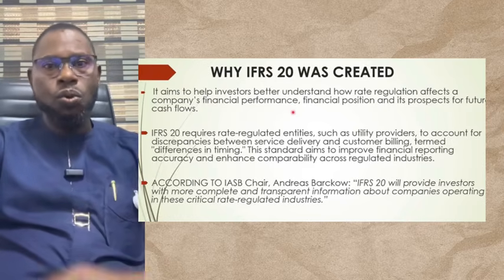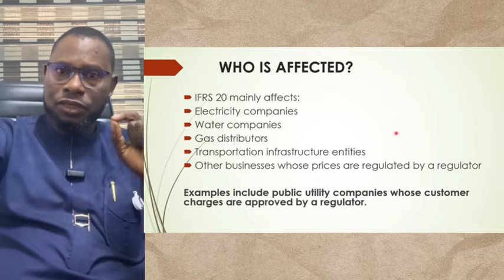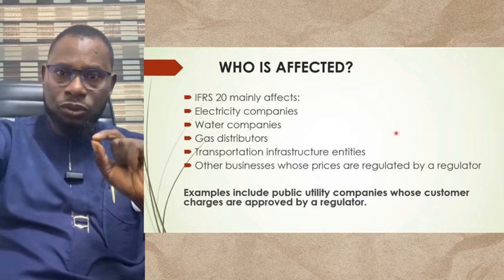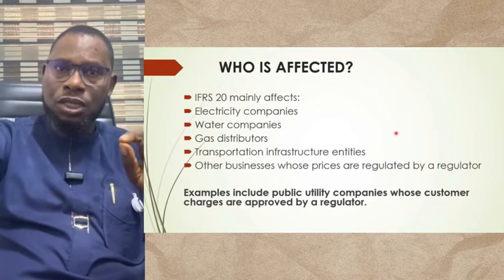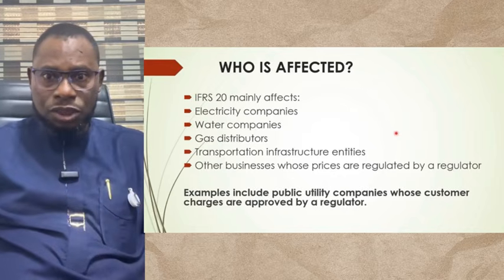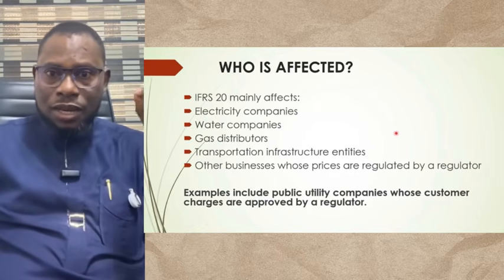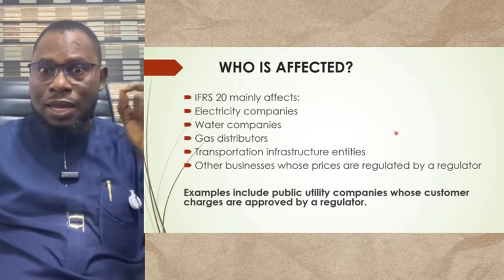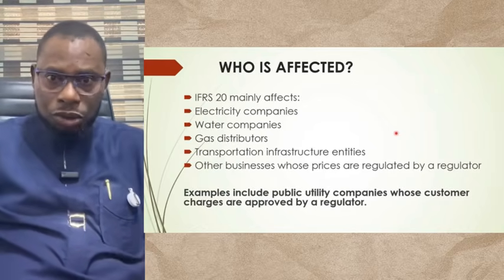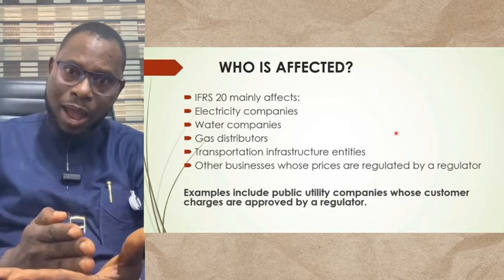Okay, so let's see who is affected. It mainly affects electricity companies, water companies, gas distributors, transportation infrastructure entities, and other businesses whose prices are regulated by a regulator. In Nigeria, for instance, we have the Nigerian Electricity Regulatory Commission, NERC, and the NESI, the Nigerian Electricity Supply Industry. We have the GENCOs, the DISCOs, the transmission companies, all the players in the industry, and they are regulated by NERC.